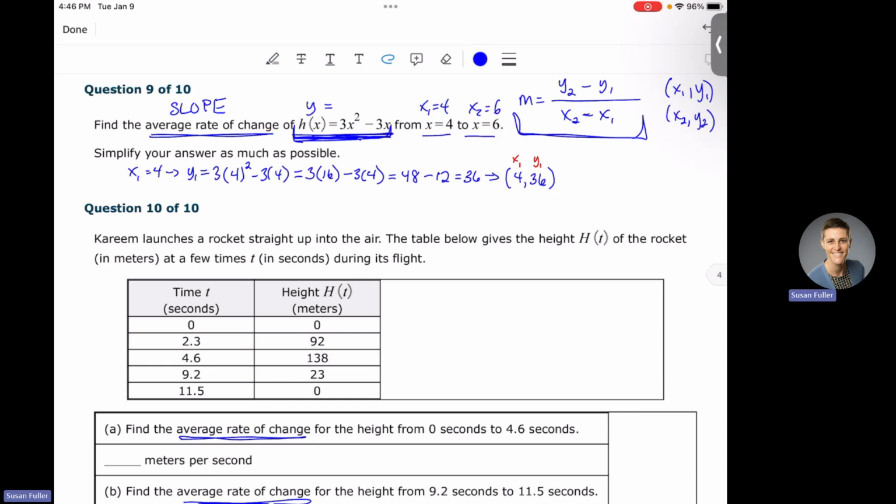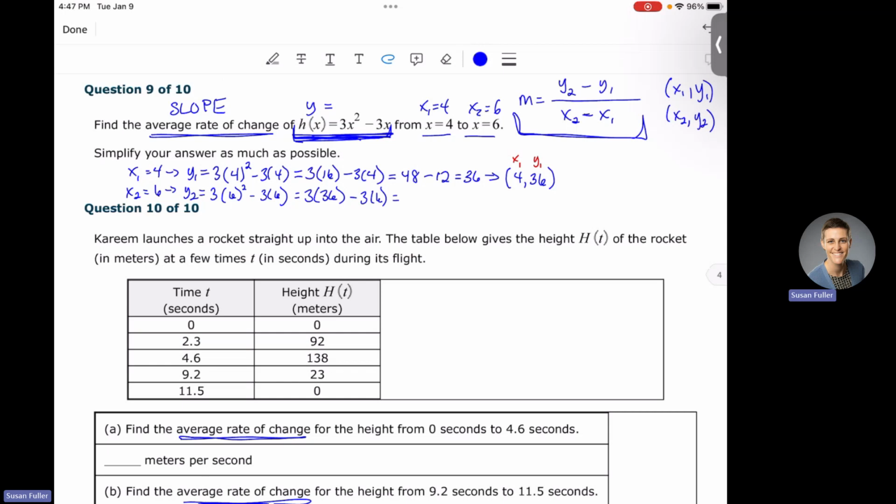And now to find the other ordered pair, I know that x2 is 6. So to find y2, I'm going to take x2 and plug it in. So I'm going to get 3 times 6 squared minus 3 times 6. And again, we are going to fight through this arithmetic. The exponent first, 6 squared is 6 times 6. That's 36 minus whatever 3 times 6 is.